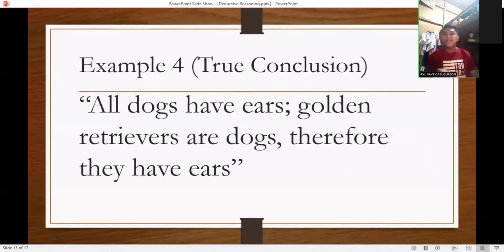All dogs have ears, so that's a major premise. Golden retrievers are dogs. So that's a minor premise or a support on that major premise, which is that all dogs have ears. And therefore, we came up with a conclusion that golden retrievers have ears. So that's a deductive reasoning with a true conclusion, because indeed all dogs have ears.